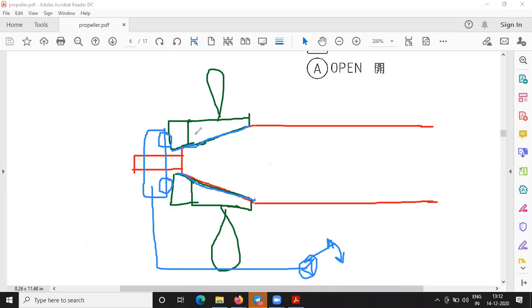Because the touching or the proper alignment of the shaft with respect to the boss is now done. Everybody understood until now? Yes sir. Now what happens? Even a slight increase in the pressure will now start pushing the propeller inward.